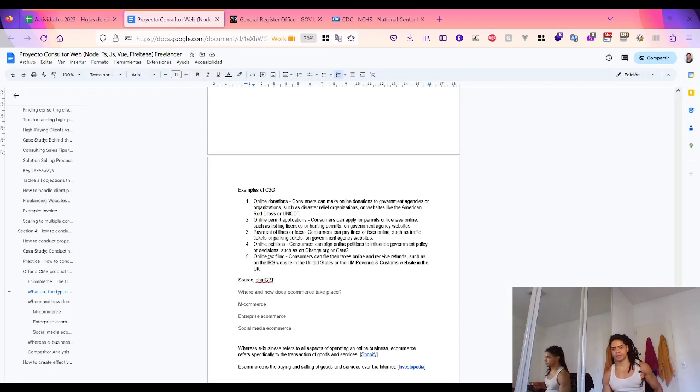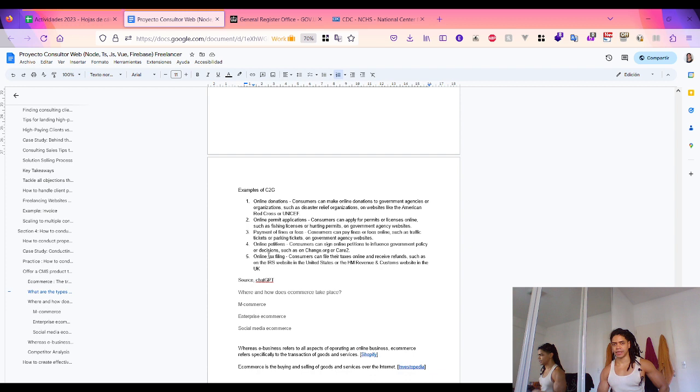So this is an example of a government agency where consumers can make online donations, such as for disaster relief, like the American Red Cross or UNICEF.